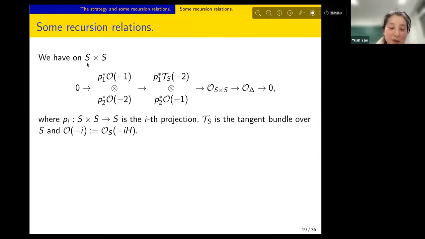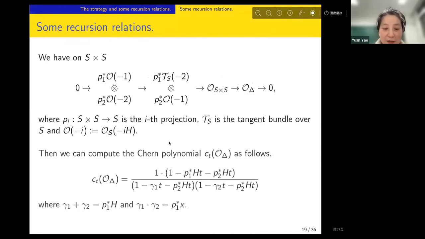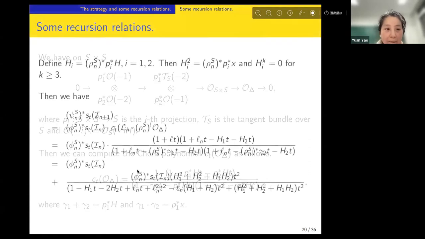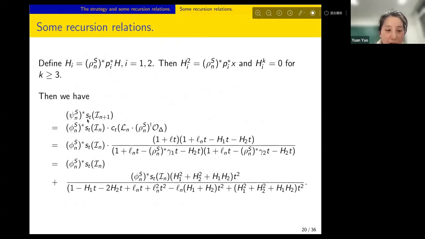So now S is P2, and we have this exact sequence for the structure sheaf of the diagonal. Now we can do the exact computation. It's not that simple, but you can do the computation. Okay, then that's our formula. A bit long.